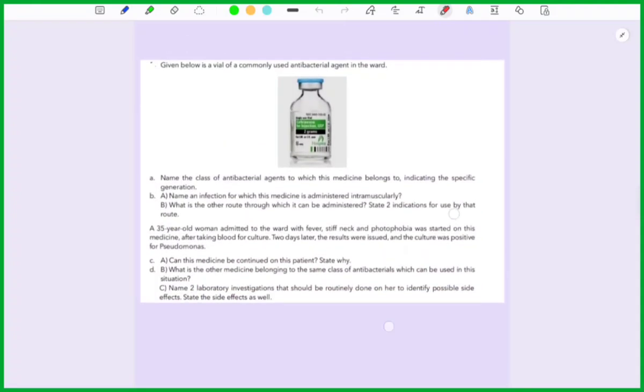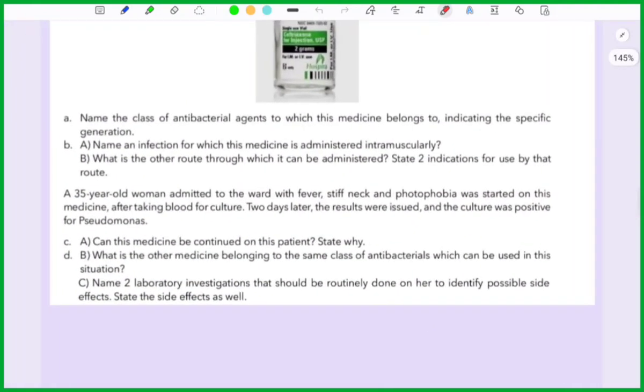Back to the question. Name 2 laboratory investigations that should be routinely done on her to identify possible side effects, and state the side effect as well. For that, you should know the adverse drug reactions of ceftriaxone or cefixime, generally cephalosporins.